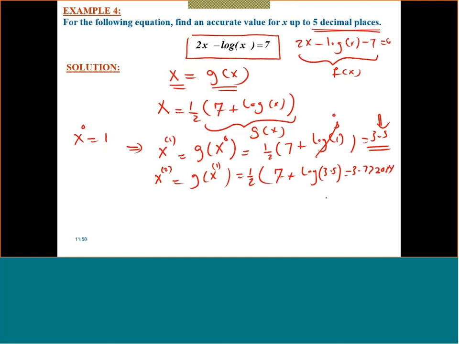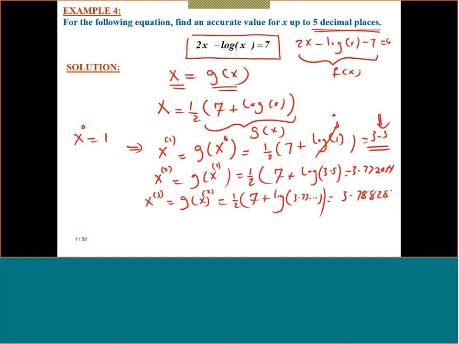Okay, now I will find x3, which is g of x2, which is 1/2 of 7 plus log of 3.77, the whole number. So you'll get 3.788287. The criteria says I want to see the answer to 5 decimal places.